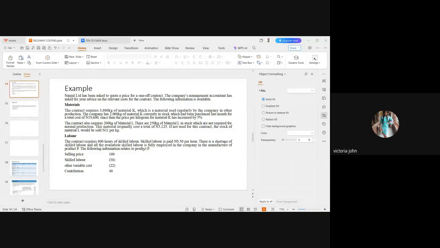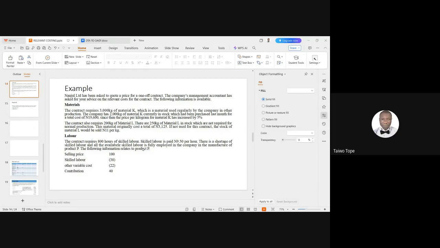It is something that we use regularly, so we take that 2,000 kg at 19,600 naira. Then the remaining 1,000 kg will be at the 5% increase in cost. I don't know if I'm in order.